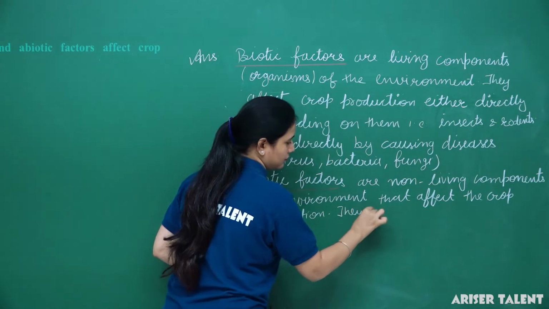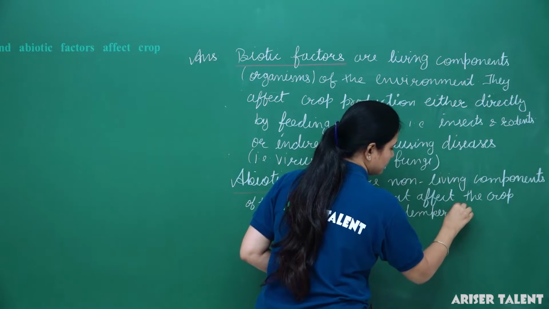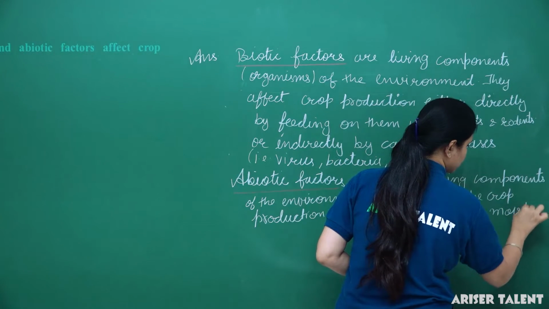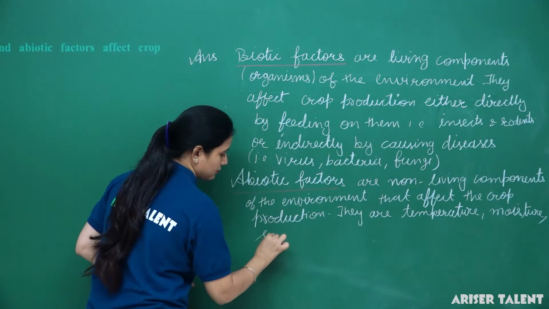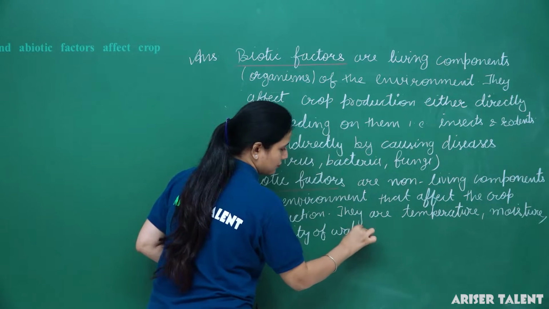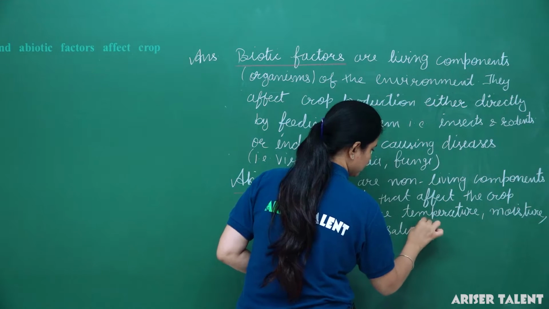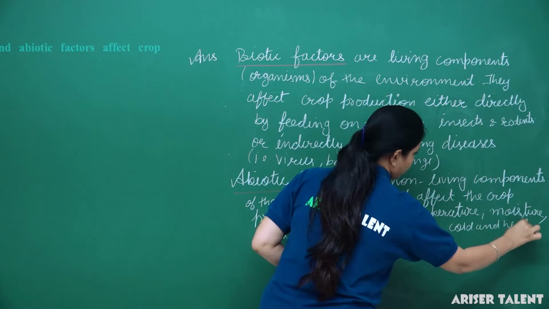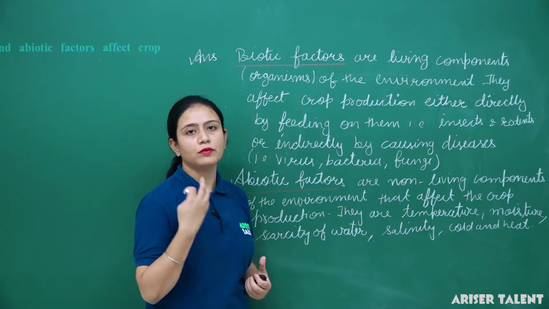They are temperature, moisture, scarcity of water, salinity, cold and heat. Okay, so these are the non-living components of the environment that affect the crop productivity.